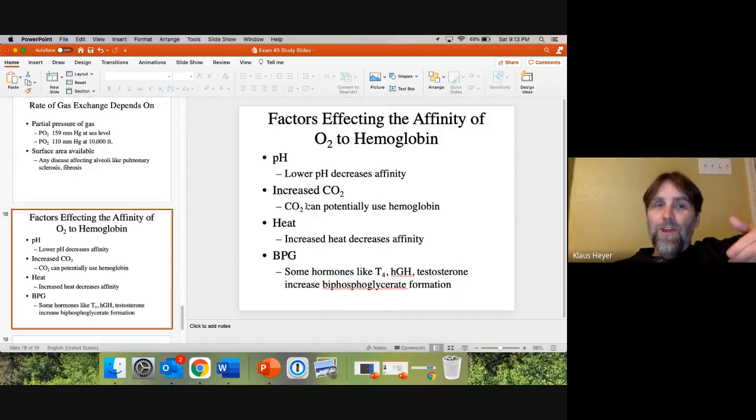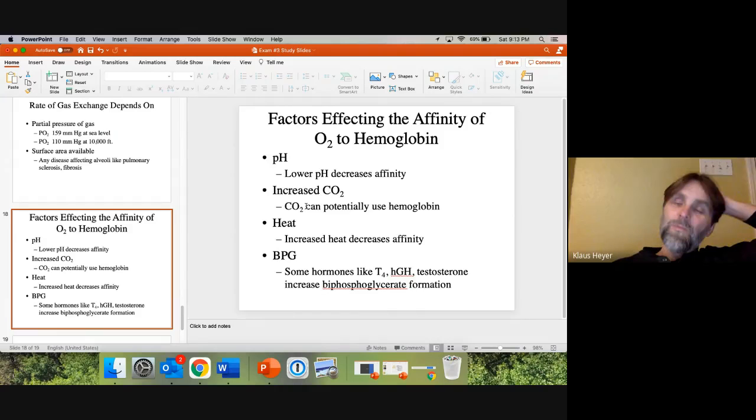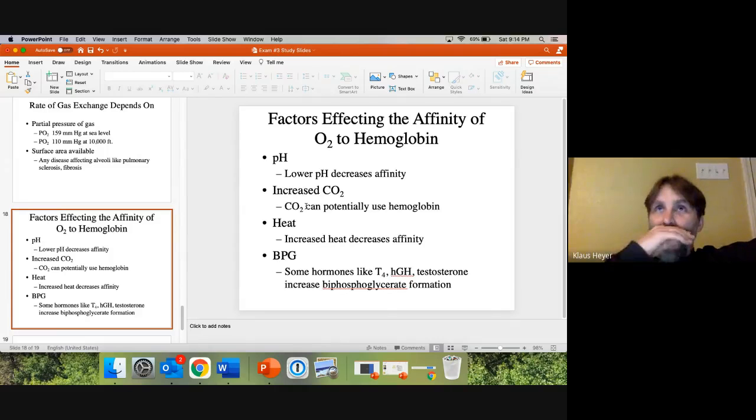So there's two parts of Henry's law. The first part is the pressure of the gas. So the higher the pressure of the gas, the more it can move across the respiratory membrane, right? But the second part is how much of that oxygen, once it gets into your blood, how much will stick to your hemoglobin, like stick to your red blood cells, right?